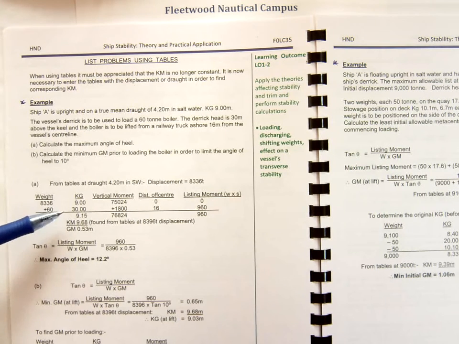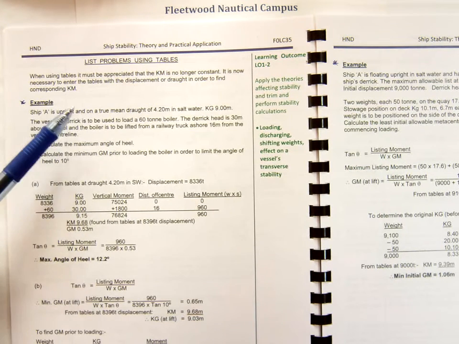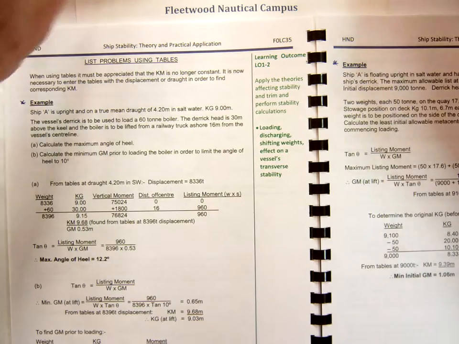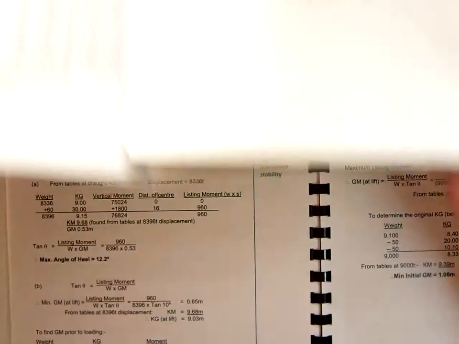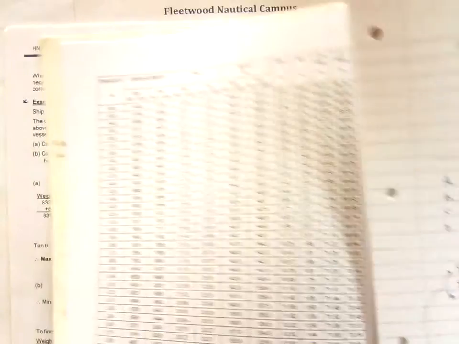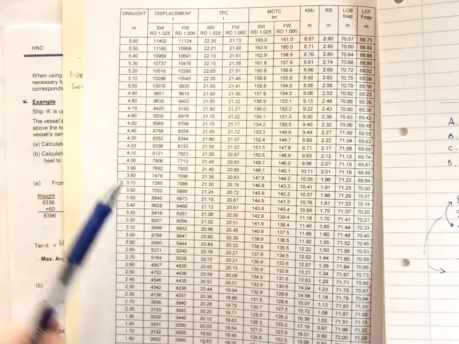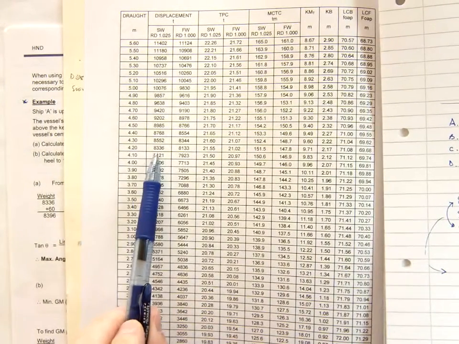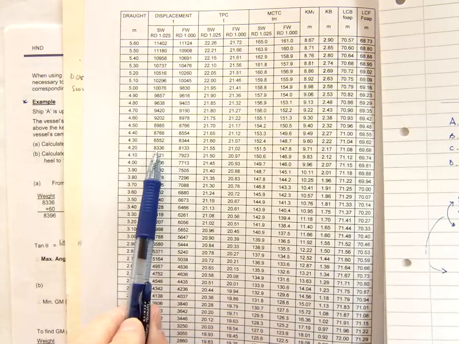We use the tables, and we're not told our displacement, but we're told our draft is 4.2. So we go into the hydrostatic particulars at 4.2, look for the salt water value, and that's our initial displacement. So here's our hydrostatic particulars, find 4.2, and there's our initial displacement in salt water.